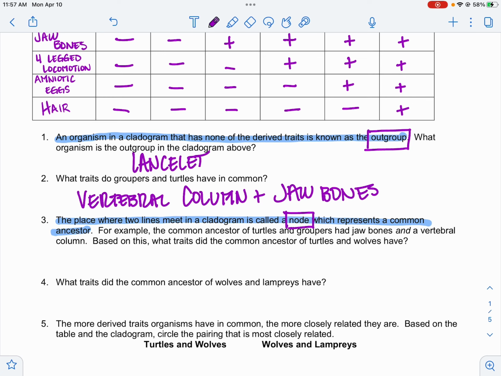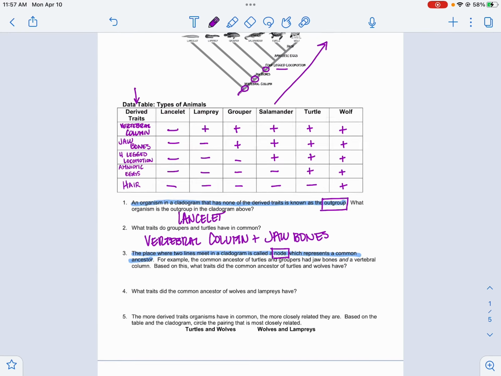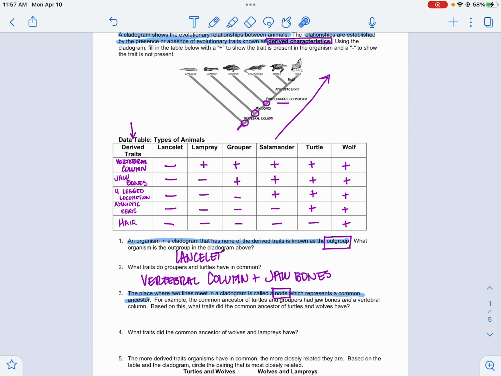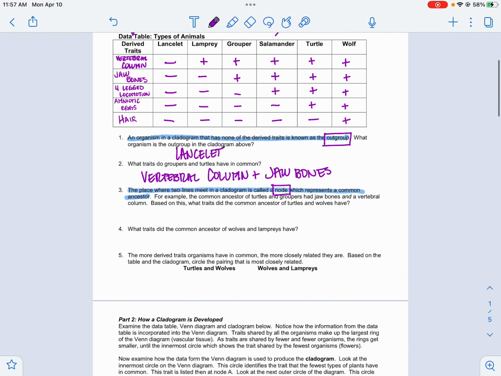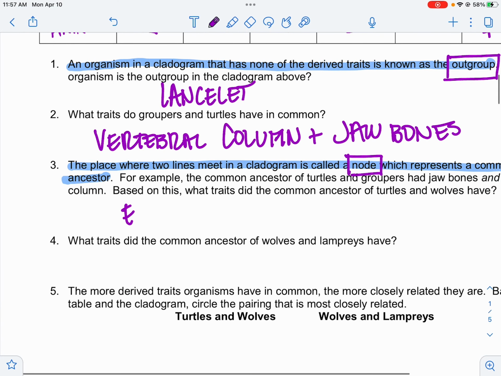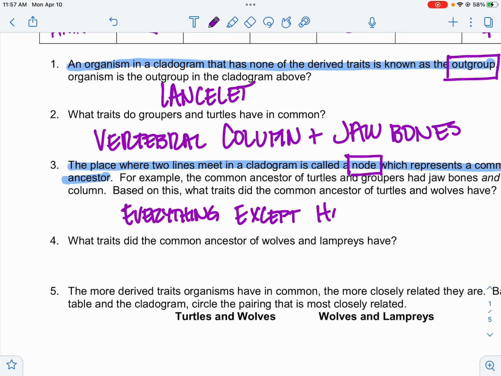Based on this, what traits did the common ancestor of turtles and wolves have? So if we look at turtles and wolves, they have a common ancestor up here. So they basically have everything except for hair. So we're going to write that in there. Everything, all of those derived traits listed, except hair.